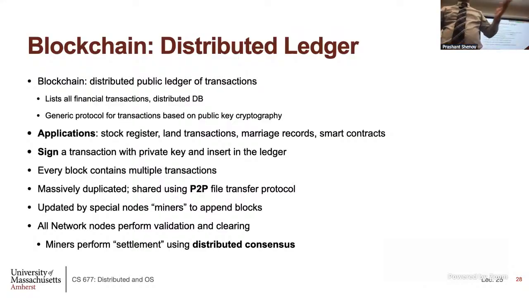And this goes back to our BFT properties, where you need 3F plus 1 miners to tolerate F faulty miners. So if you have Byzantine faults, you will need a large number of miners to ensure that if some fraction of them go rogue or become faulty, the ledger integrity is still not violated. So we will use something which we have not looked at in this class, which is called Byzantine consensus. It is distributed.